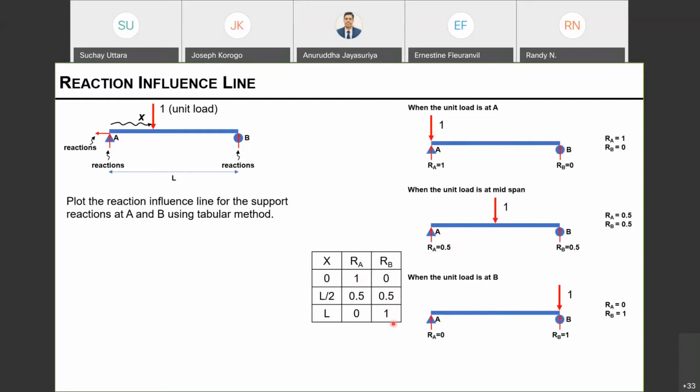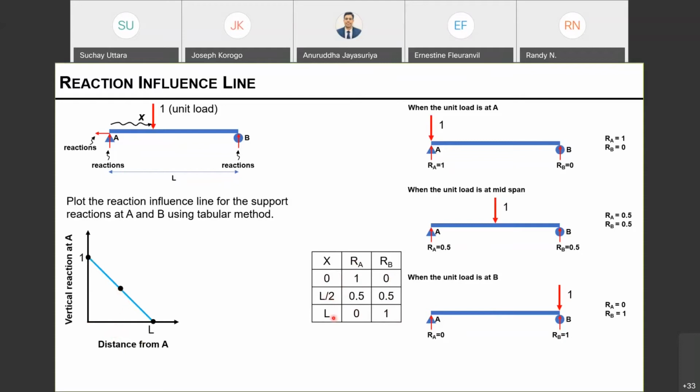Now we can plot the variation of support A. For example, when x equals 0, support A is 1. When x equals L over 2, in the midspan, that will be half of that.